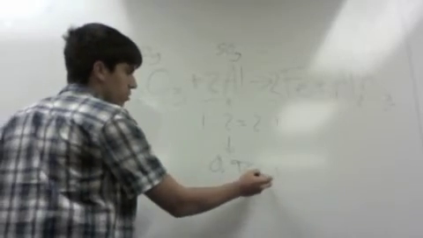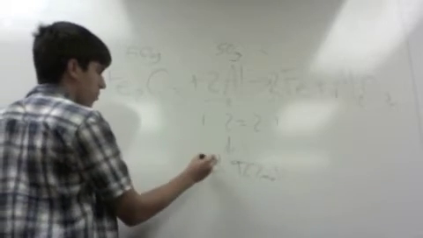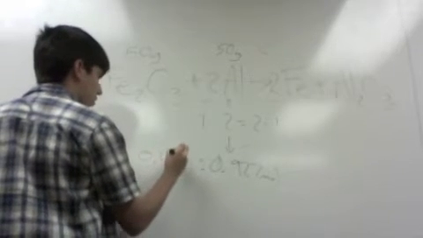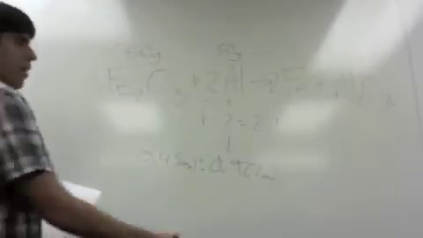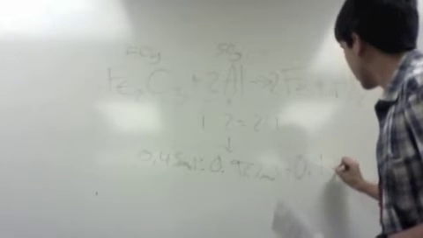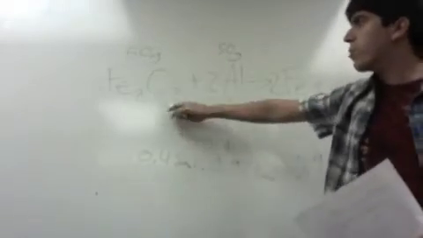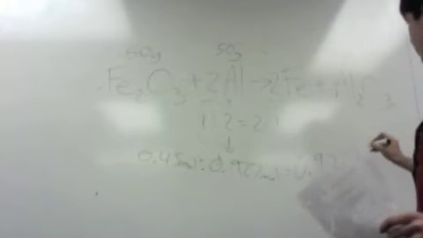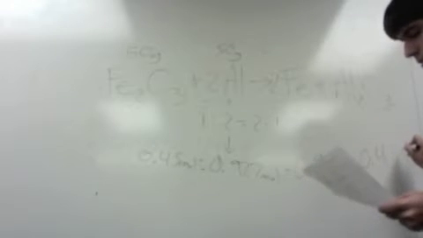So if aluminum is supposed to be twice as much as ferric oxide, then half of this is going to equal the moles of ferric oxide, which means it would be about 0.45 moles, whatever. And then here is going to also equal 0.927. And aluminum oxide is going to equal how many moles ferric oxide has, because it's the one with fewer coefficients. So it's going to equal 0.45 approximately.